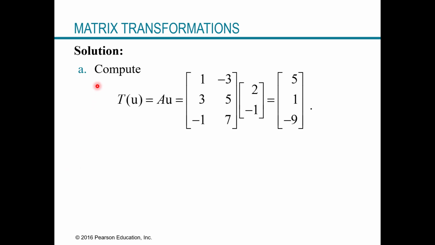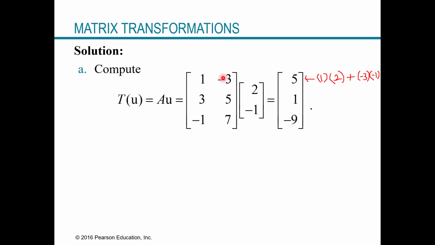So first one, A, we're just asked to find the image of U under the transformation T. So that just means compute T of U. And for us, that just means A times U. So here's A, we were given that. Here's U, we were given that. And we just multiply. And so remember how this goes, and I'll write it out on the side. Okay, so here is how you would get the 5.